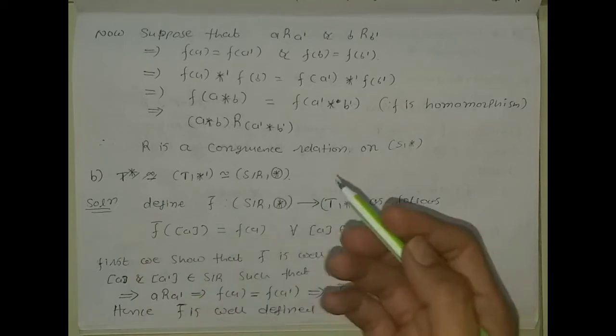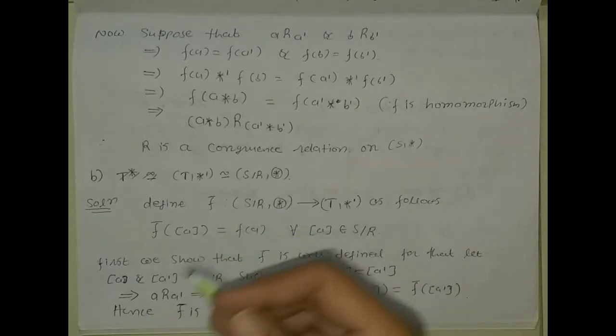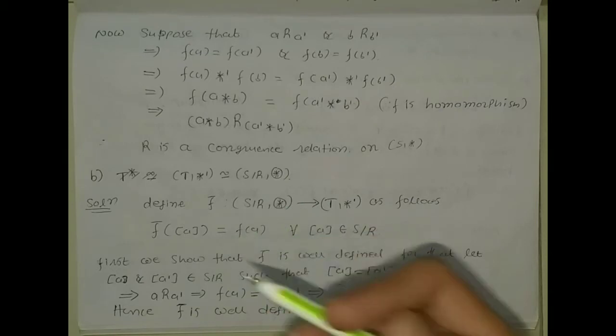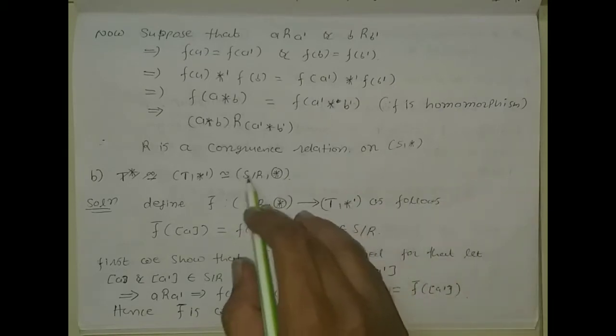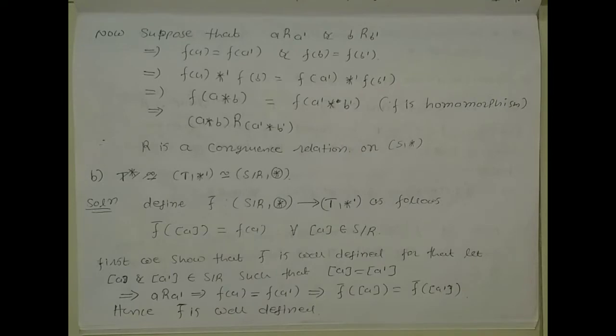So what is the second part? What is our aim in the second part? We want to show that the semigroup T star dash is isomorphic to the quotient semigroup S quotient R. First of all we define a map.